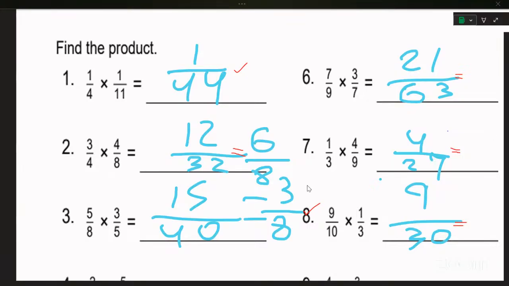Yeah, we have to simplify this. Check this answer.